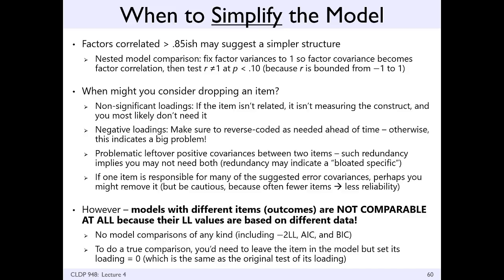The reason is that your formula for height is based on the size of your covariance matrix. So if I drop an item, if I go from, say, a 6 by 6 to a 5 by 5, it's going to get smaller because I dropped information, not because I did anything. The covariance matrices are not comparable. So if you change your covariance matrix, you cannot do -2 log likelihood anything.